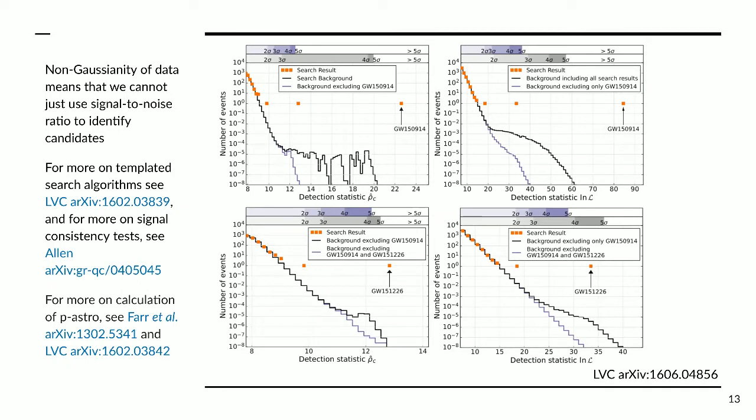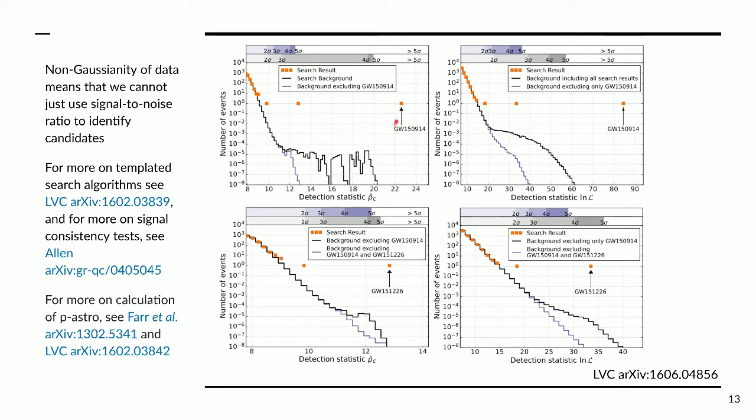Now, there's a slight complication: if we have an empirically determined background and we've included a real signal in that, then we're potentially polluting our background. When we calculate our background, we could be time sliding some noise fluctuation so it overlaps the real signal in the detector, and we'd expect that to have a larger detection statistic than if there were no signal in the data, because the real signal is boosting the detection statistic.